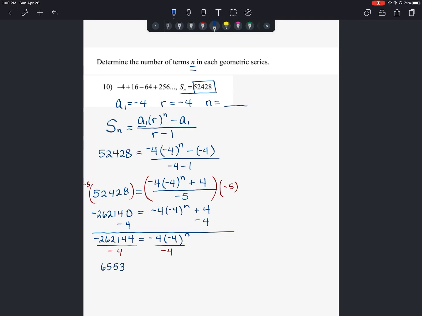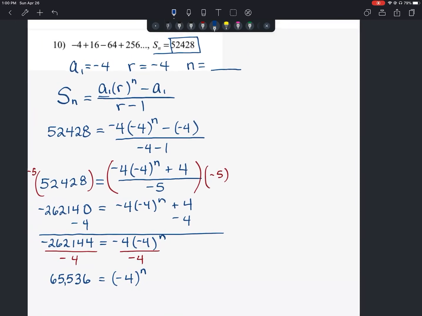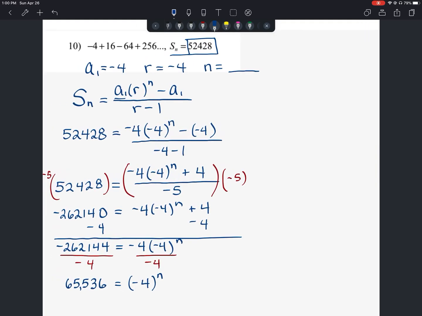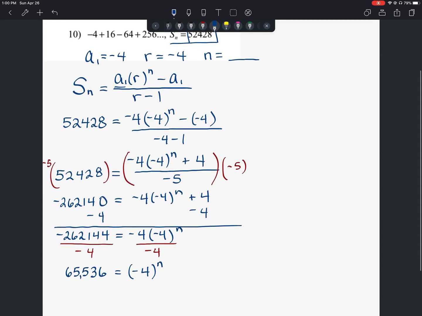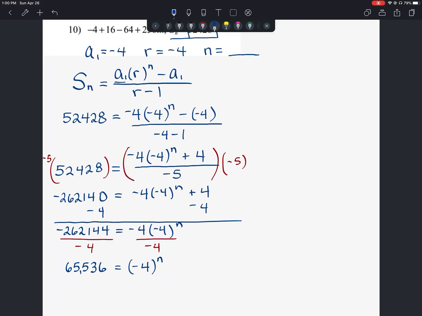Now you can get all these numbers, hopefully, just using the calculator. Okay, now what you're going to see here is -4 to the power of n is equal to 65,536. So let's talk for a moment here because this is where some people may run into problems. Sometimes when we solve these, we try to rewrite them in log form.